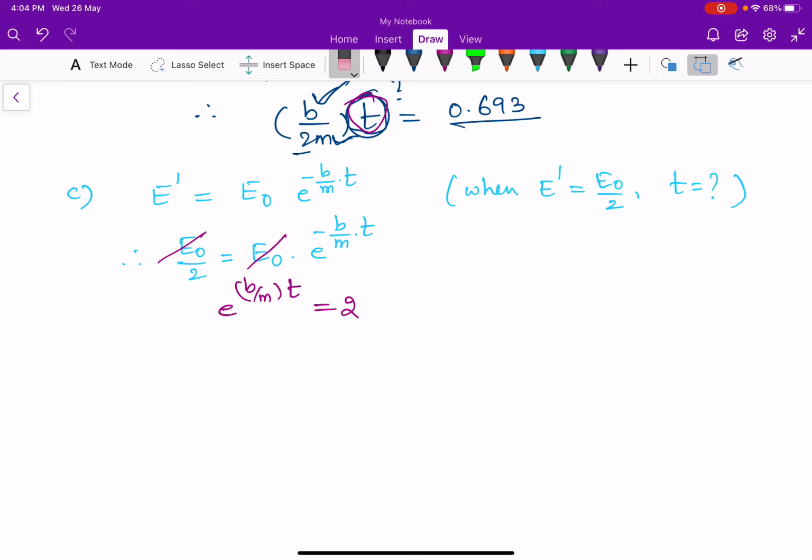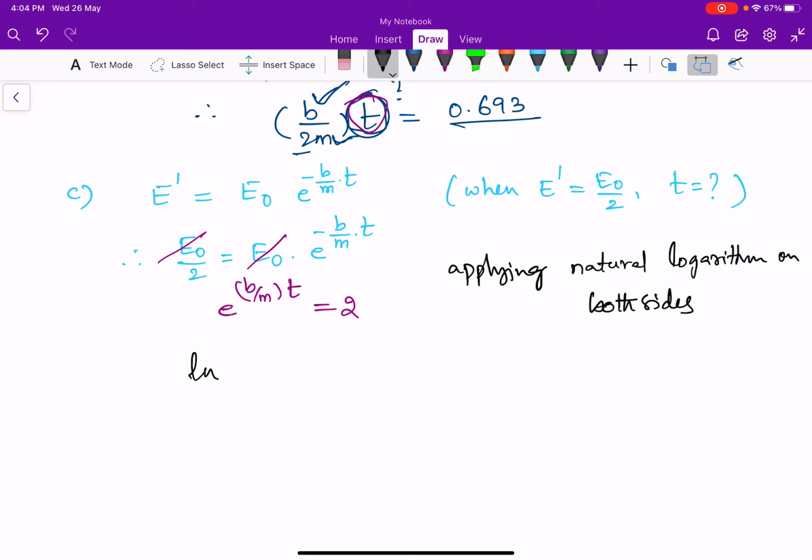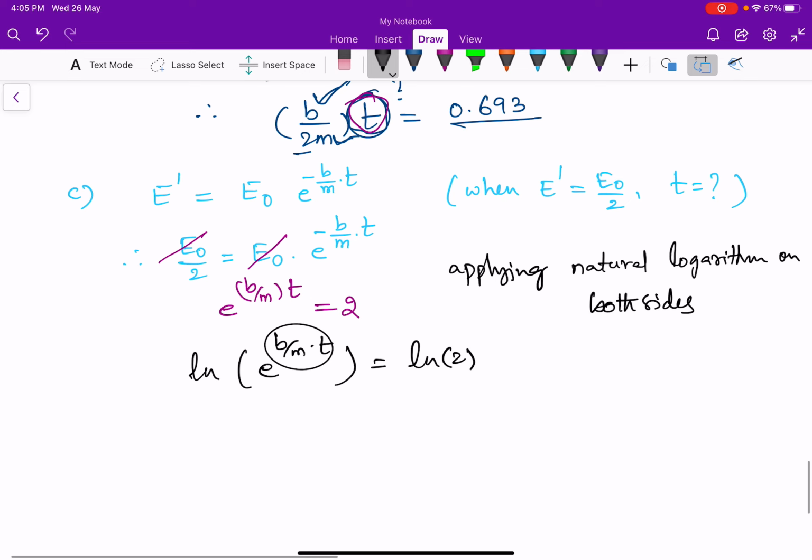Okay, so applying the natural logarithm on both sides, we get ln e power b by m into t is equal to ln 2. In the case of logarithms, this power comes to the front.